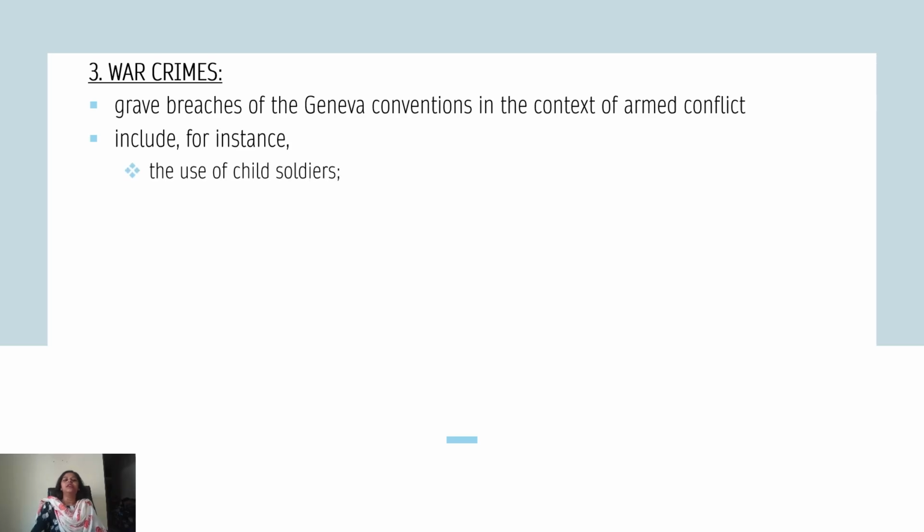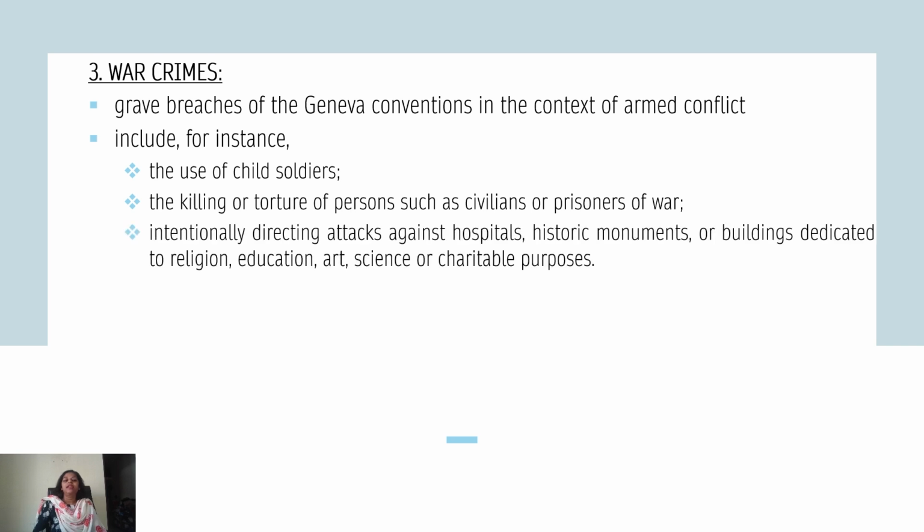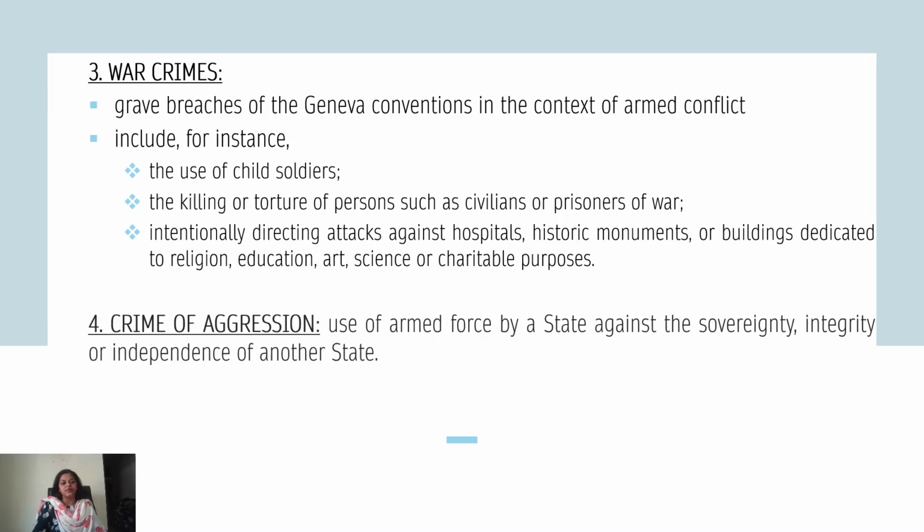For example, the use of child soldiers in case of an armed conflict, where child soldiers are trained and forced to participate in war. The killing or torture of persons such as civilians or prisoners of war or POWs. Then intentionally, directly attacking hospitals, historical monuments, buildings that are dedicated to religion, education, art, science, or charitable purposes.